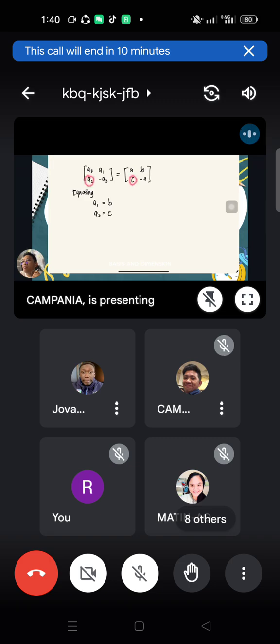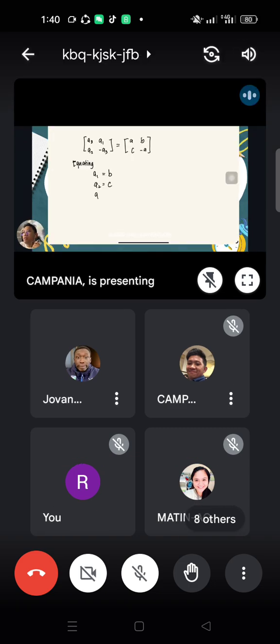A2 is equal to C, and then A3 is equal to A. Thus, negative A3 is equal to negative A.